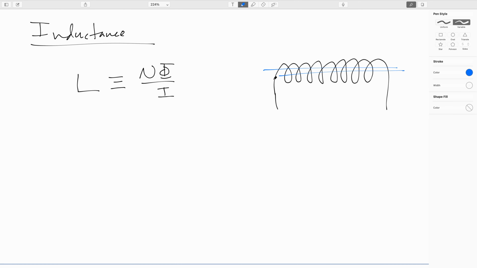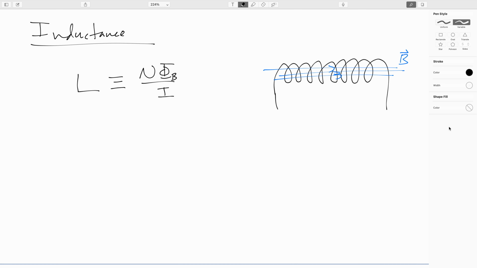Now, the induced EMF, we already saw from Faraday's law of induction, is going to depend on the number of turns and on the magnetic flux going through each coil. So that seems pretty natural. And this magnetic field strength is itself proportional to the current going through, so it makes sense that we are saying per unit current.